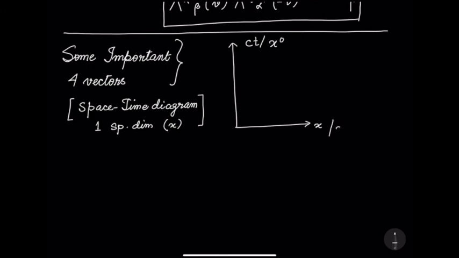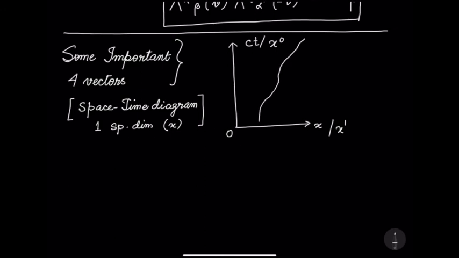So let me write x, which is called x1, and ct, or x0, is the y-axis. Now in this, a particle is moving, and as we said, it will have different events.